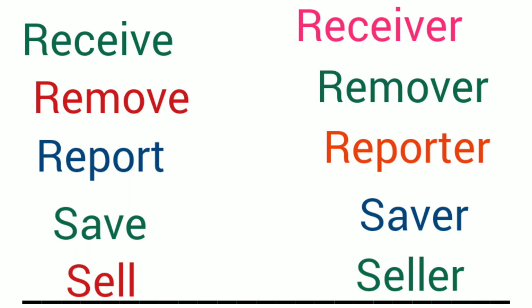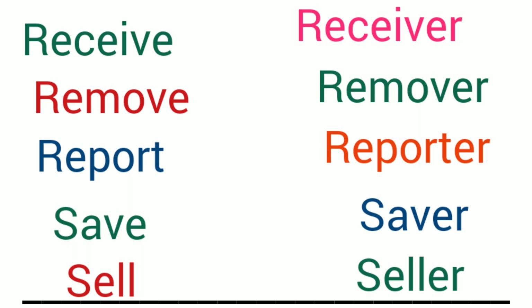It is totally wrong for you to say, I'm waiting to receiver my mail. No, you can only say, I am waiting to receive my mail. Okay? You cannot equally say, this is the remove I'm talking about. No, you can only say, this is the remover I'm talking about.